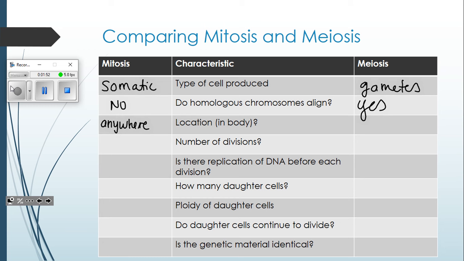If we're talking meiosis though, very limited region in the body. Only germinal cells do that. And if you gave some specific terminology like the place where sperm and egg are found, or you called them testes and ovaries because you already knew that vocabulary, that would be a reasonable answer to give as well.